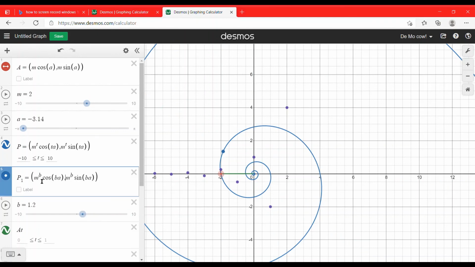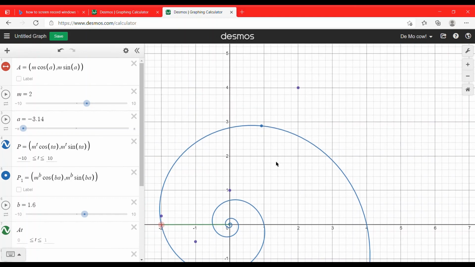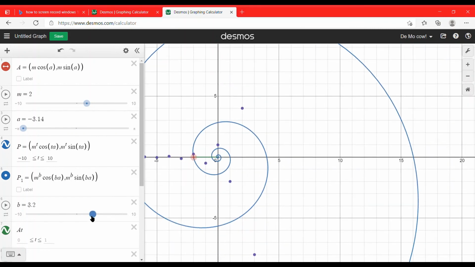It's just gonna be a point. Now if I move these, see this point here as it moves around. This is going to be the complex result of your -2 to the power of whatever this B value is. And you're gonna get 0.929 plus 2.885 times i. And anyway, you can swiggle this around and play with it, I guess.